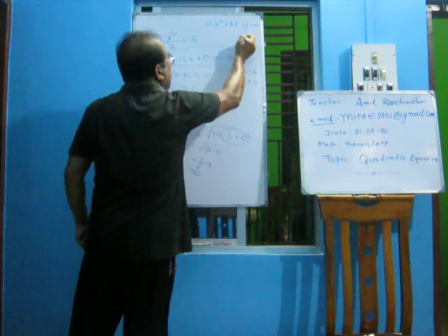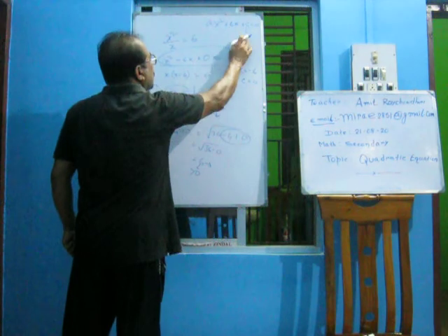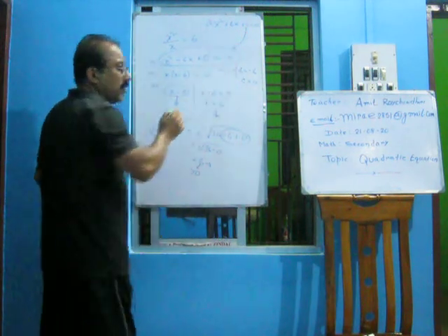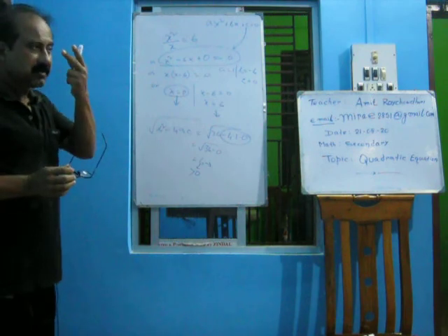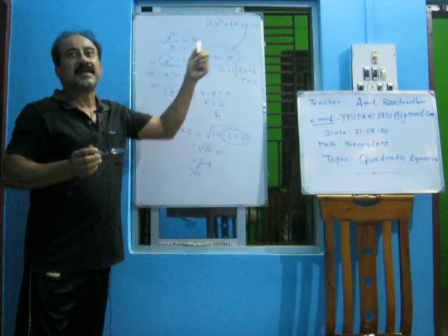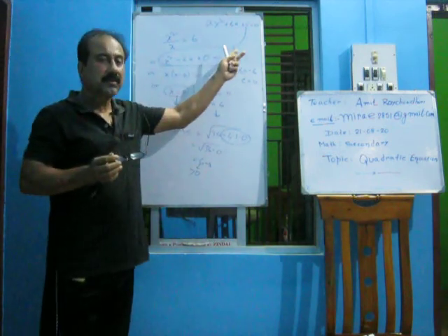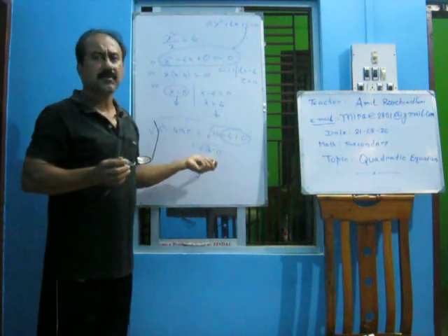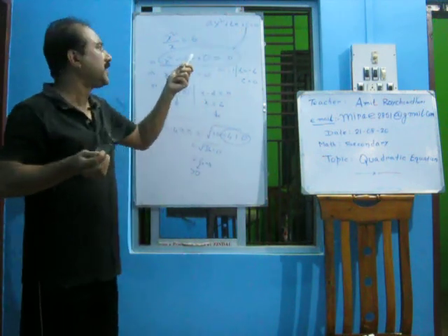if c equal to 0, like this equation, then one thing is assured: out of two answers, one will be 0. C equal to 0 means there will be two answers for x. One will be 0 and the other will be derived.